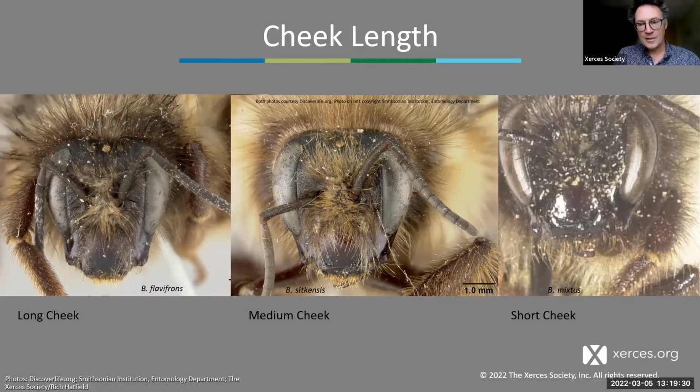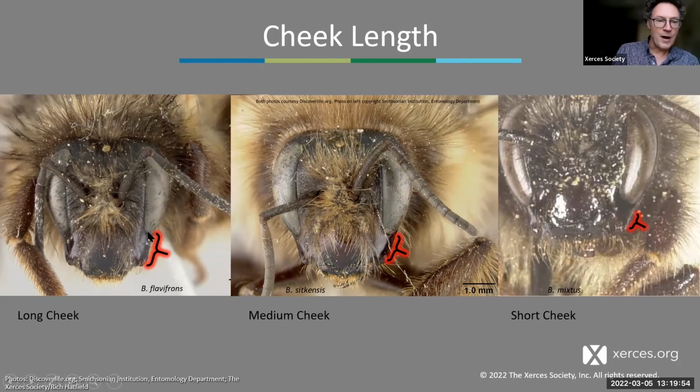So here are three species that are all related to each other, and they have different sized cheeks. By cheek, I mean the area that is below the compound eye and above where the mouth part, or mandible, attaches. So in the central photo, you can see the mandible hanging down a little bit. That's the jaw, the chewing part. And just where it attaches is the base of the cheek.